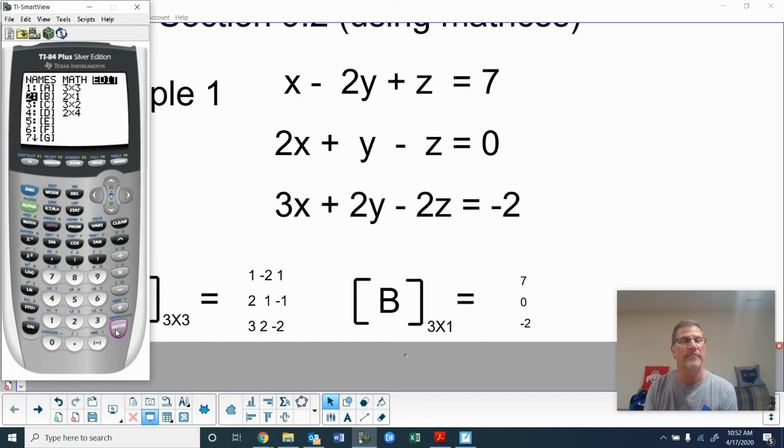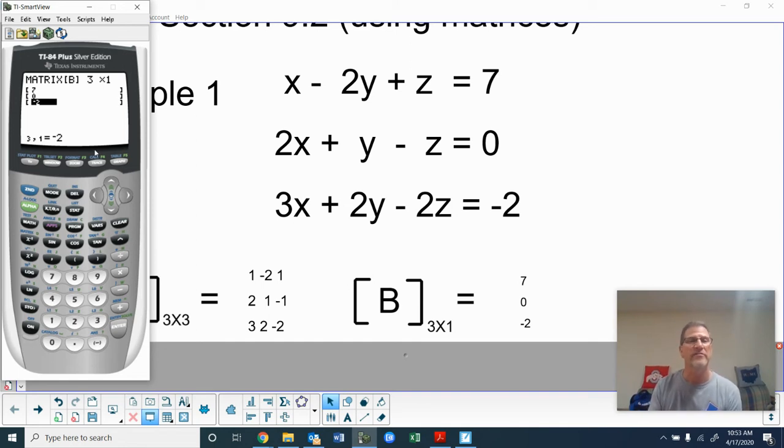I'm going to hit enter, and as you can see, it's matrix B, but remember, it's a 3 by 1 now, 3 rows, 1 column. So I have to hit 3 enter, 1 enter, and I have my right dimensions. And then I'm going to put the 7, 0, and -2. So 7, enter, 0, enter, and -2, enter.